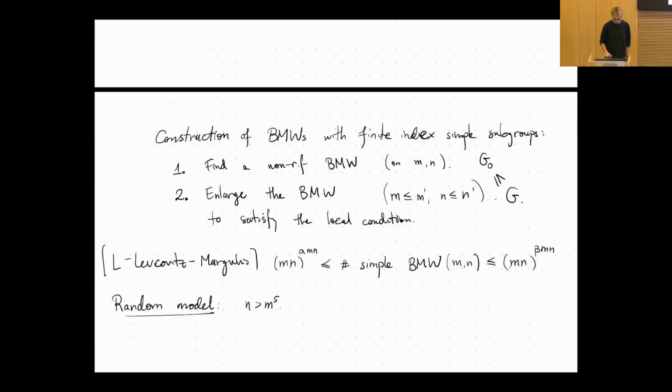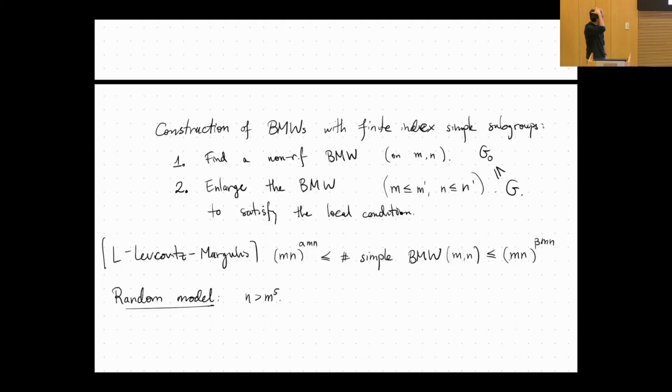Okay? Okay, let me mention maybe a result with Ivan Levkovich and Alex Margulis. We used exactly this to show that there are many BMWs. And somehow the reason is we saw how simple it is to build them.